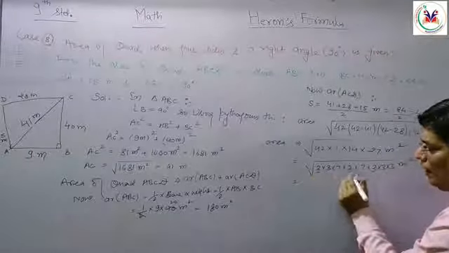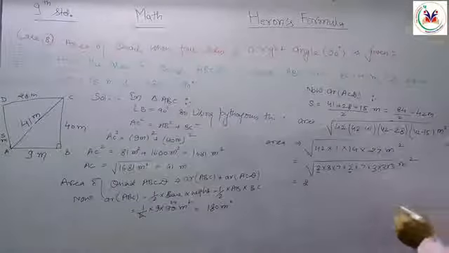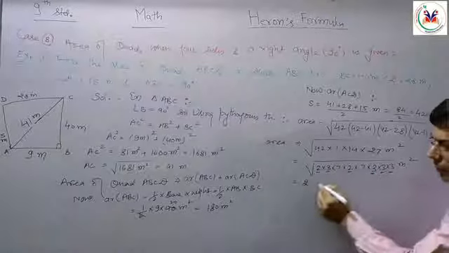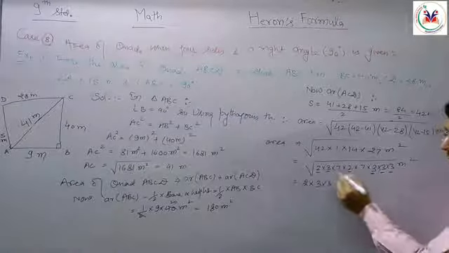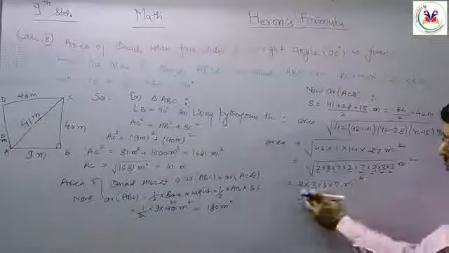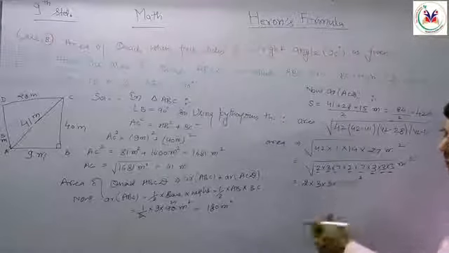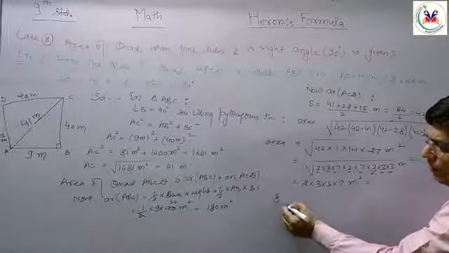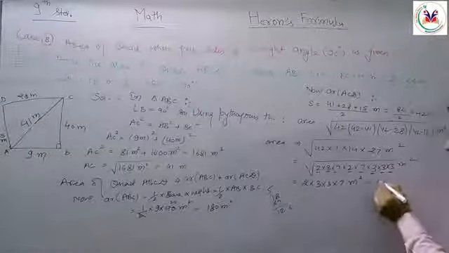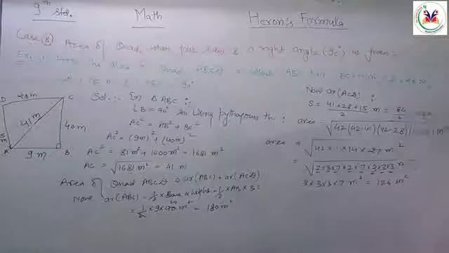Again 2 times है, we should take it outside of the square root. One time we should write, 1 2 3 4, that means 2 times बाहर आएगा. Now 7 और 7 2 times है तो 7 meter square. 2 3 is 6, 6 3 is 18, 18 into 7, 126. So that will be 126 meter square.